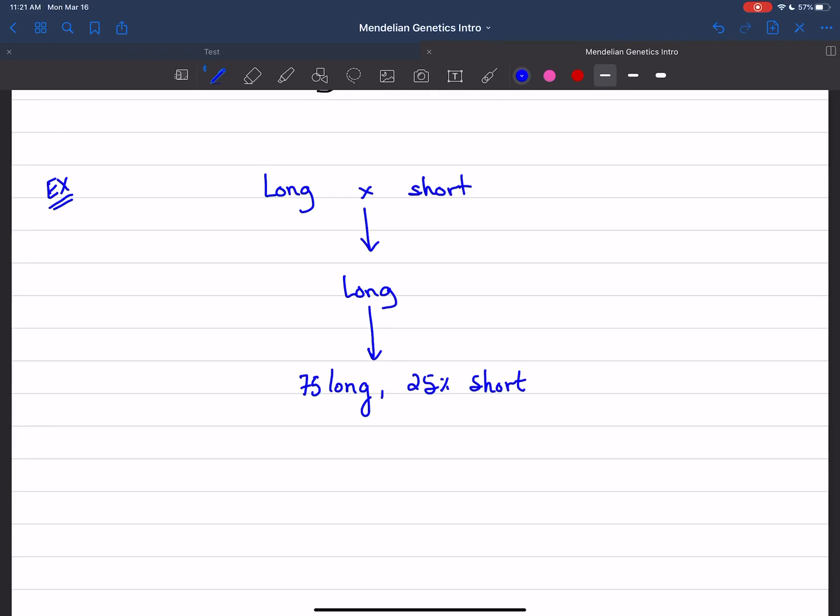Remember that these are purebred plants, so both alleles of the long one are the dominant long. And the only way we can have short is two little L's. If each parent provides an allele to the offspring, this parent can only provide a big L, and this parent can only provide a little L.